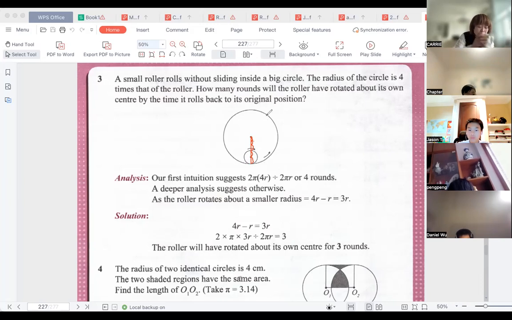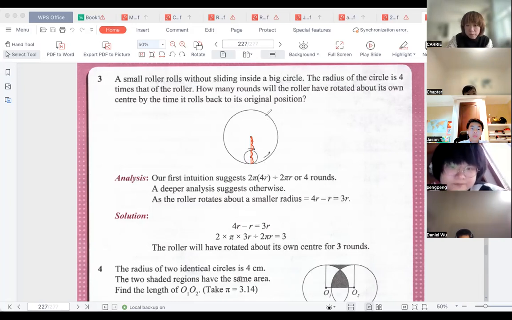Do you understand? 有没有？Because if the smaller one is r, so it's 2r pi, right? So the circumferences.